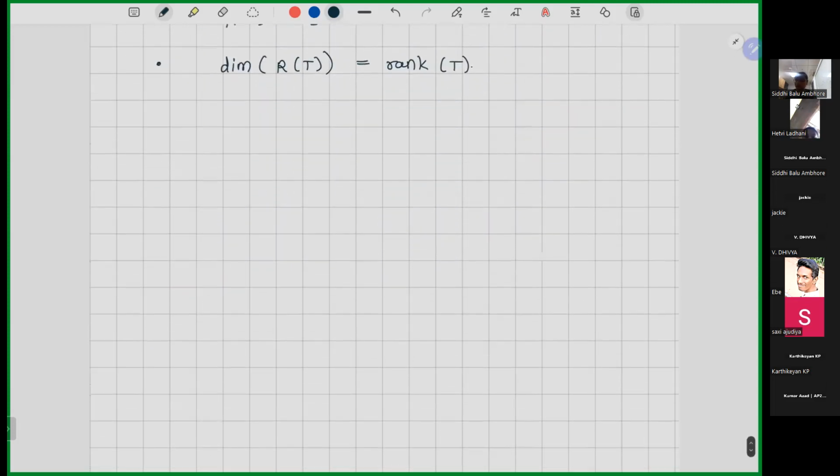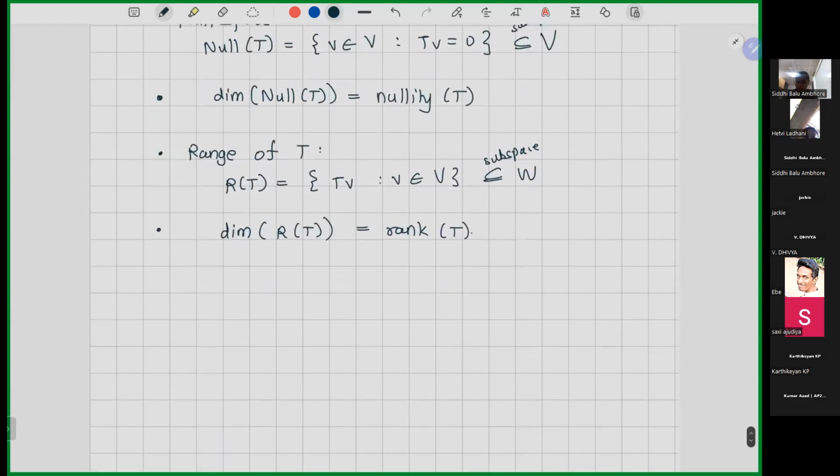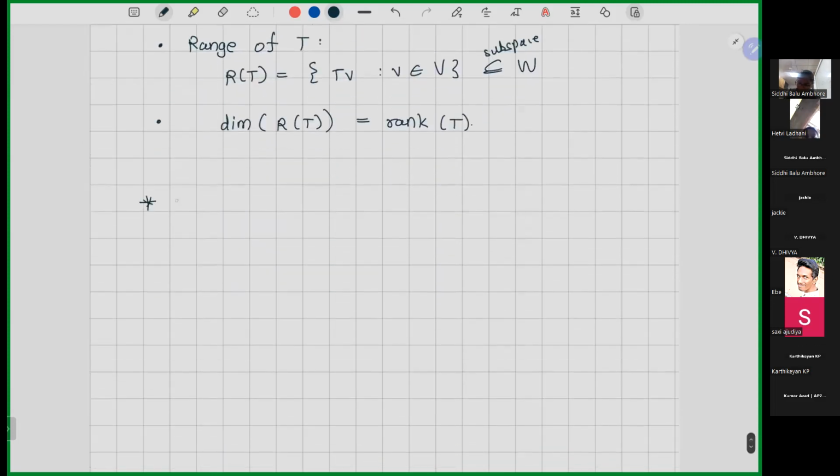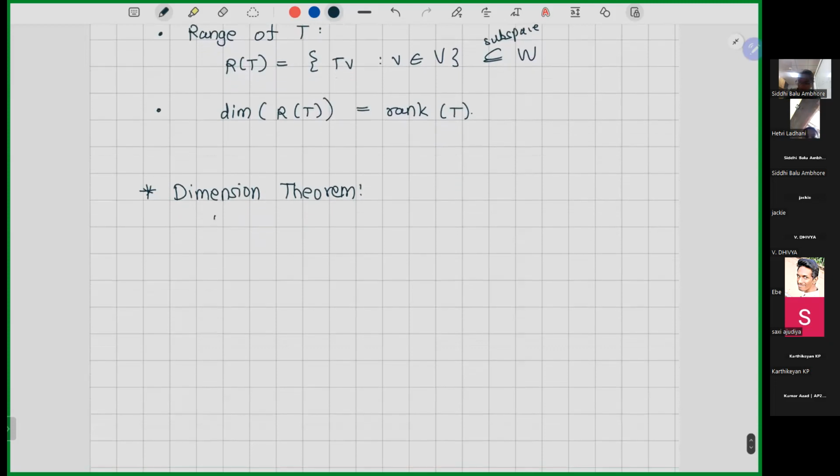Based on this nullity and rank, we have the dimension theorem, which we will be using in upcoming questions. Let V be a finite dimensional vector space. So V being finite dimensional is important.